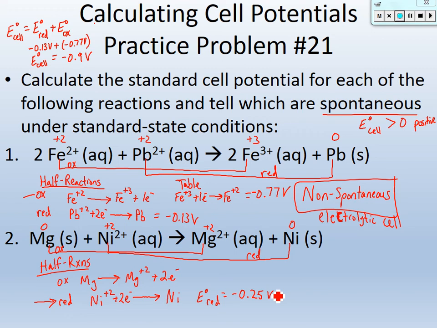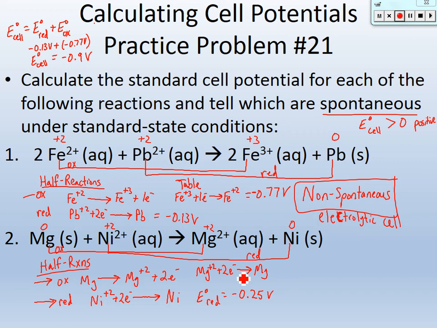Okay. Now let's do the oxidation half, but remember it's a little tricky because they write it as a reduction. So what you're going to see is the Mg +2 plus 2 electrons goes to Mg. Since I switched it, I have to switch the sign. So let's remember that. Magnesium +2, it's near the bottom of the page.